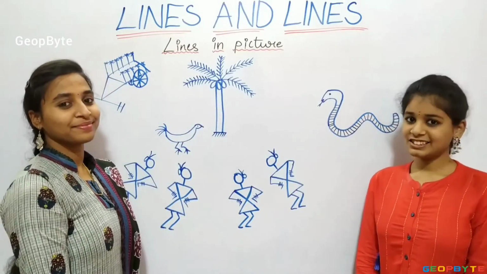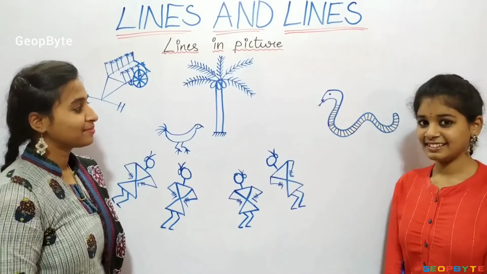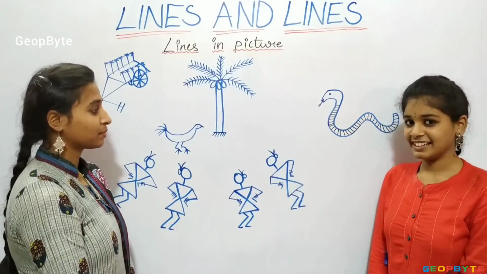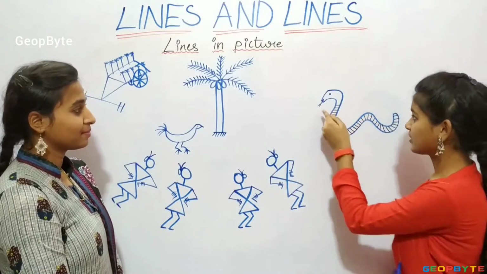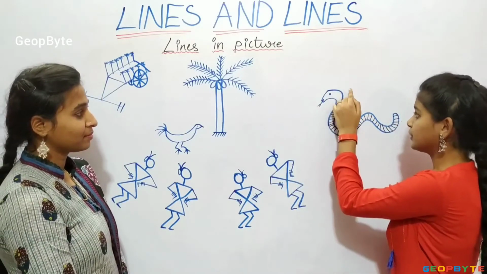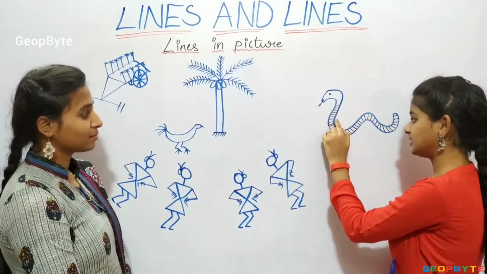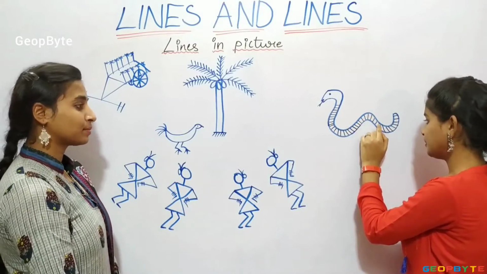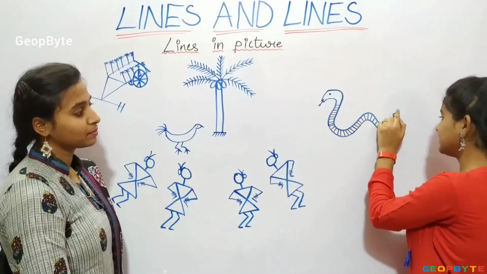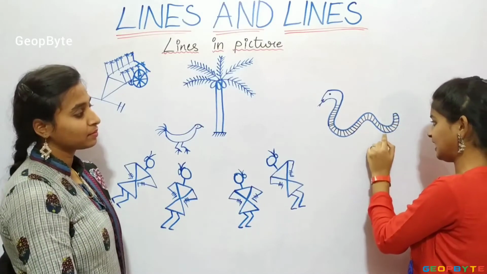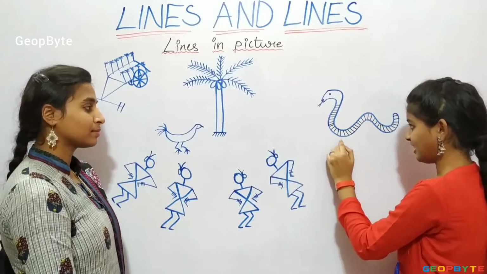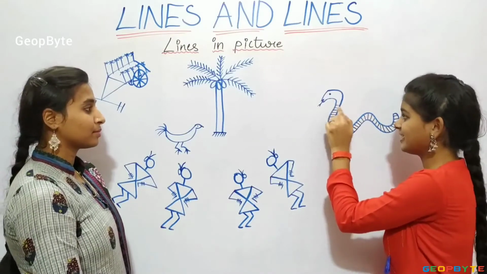Now let us go with this snake. There are multiple curves in this snake. Let us see. 1, 2, 3, 4, 5, 6, 7, 8, 9, 10.